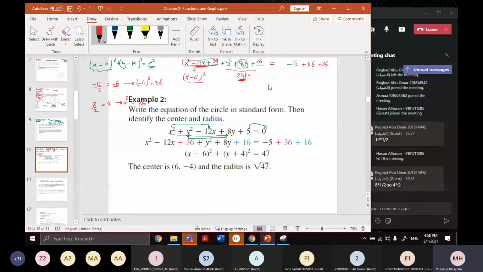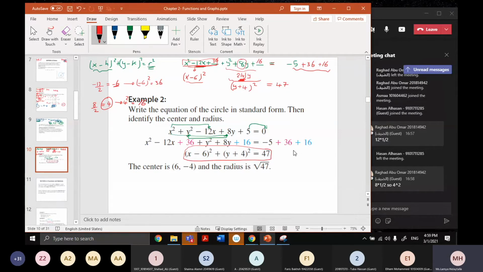And now I can write my equation. This part is y, the sign should be positive, right? Plus 4, the whole square, is equal. And now we simplify these values here, and you will find this is equal to 47. And then now we have our equation, which is this one.